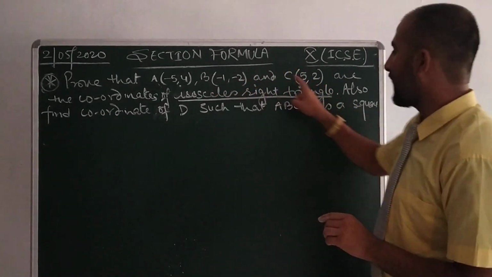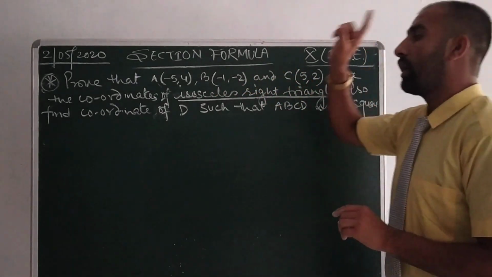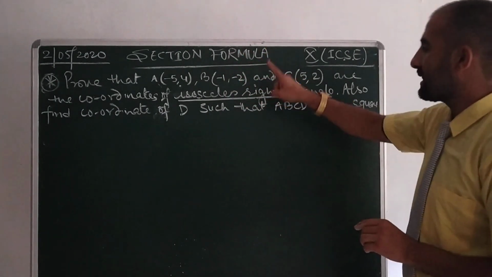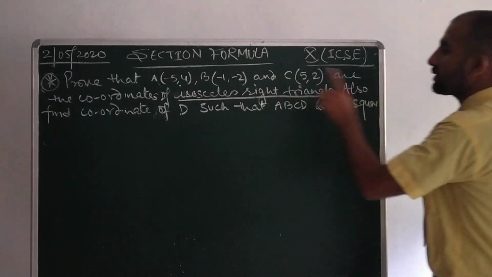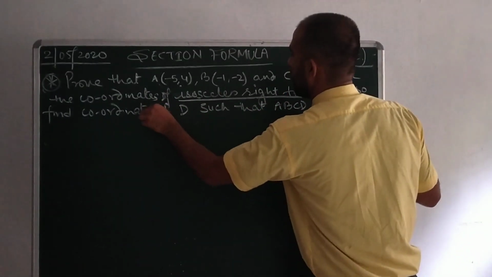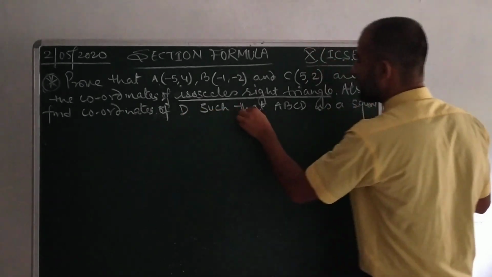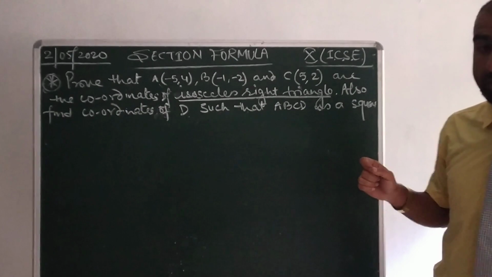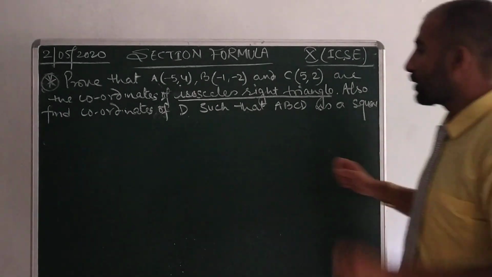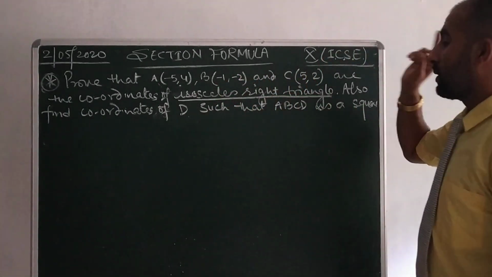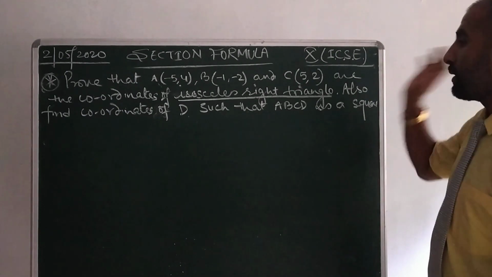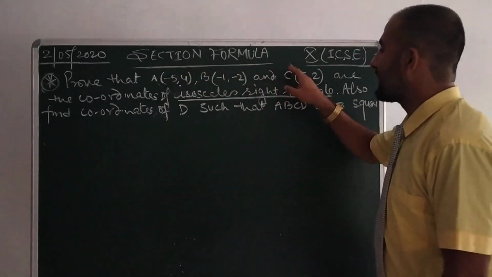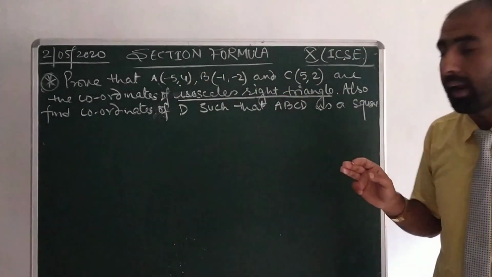Not only isosceles triangle, not only right triangle, but both isosceles as well as right triangle. Also find the coordinates of D such that ABCD is a square. That means you have to find the coordinate of D in such a way that when you join A, B, C and D, it will form a square.